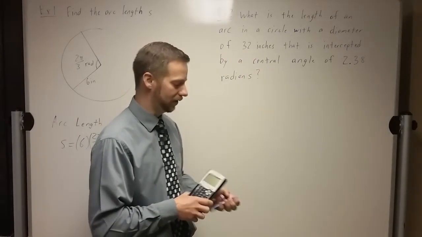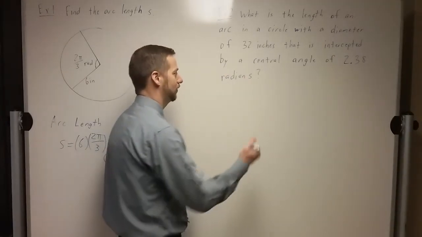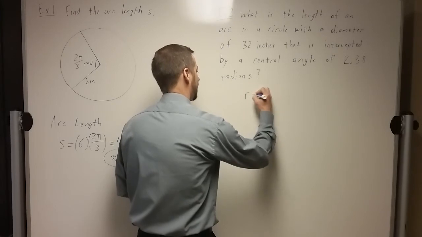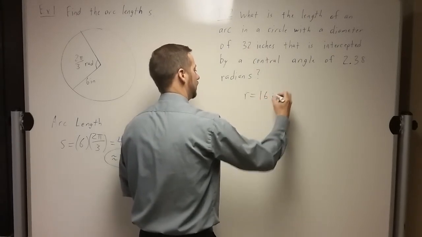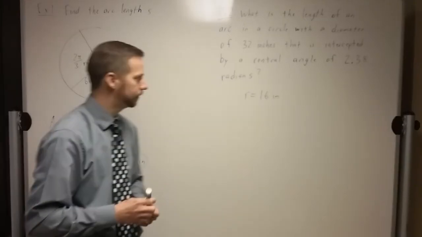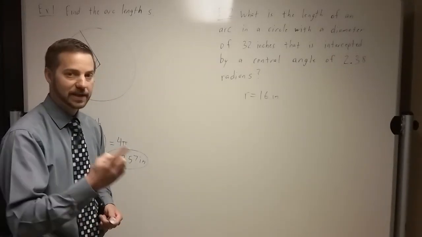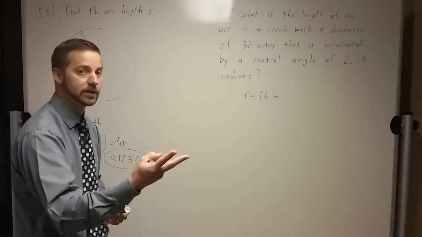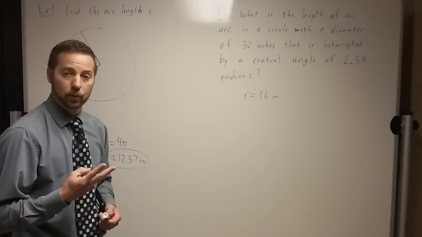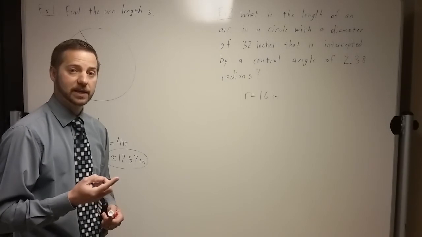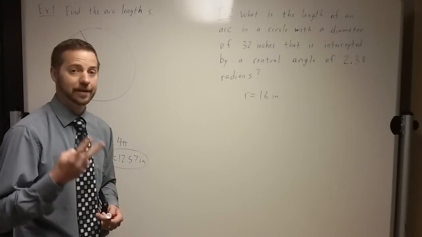We know the diameter. So let's take this one step farther and figure out what the radius is. If the diameter is 32, the radius is just half of that. So the radius on this is 16 inches. So we know the radius, we know the angle in radians. So to find the arc length, which is what we're supposed to do here, we do the angle in radians multiplied by the radius. That's it.